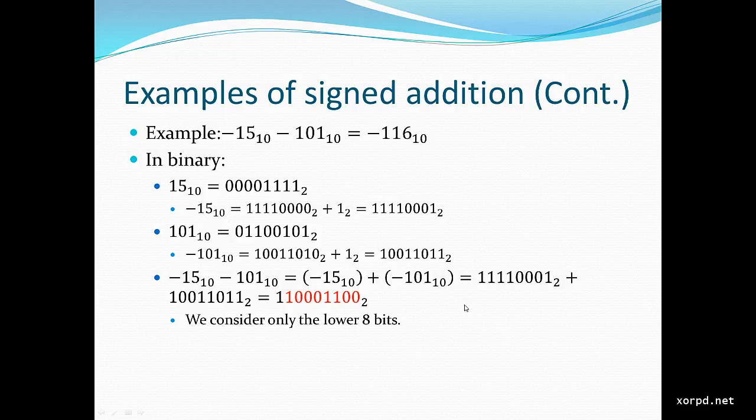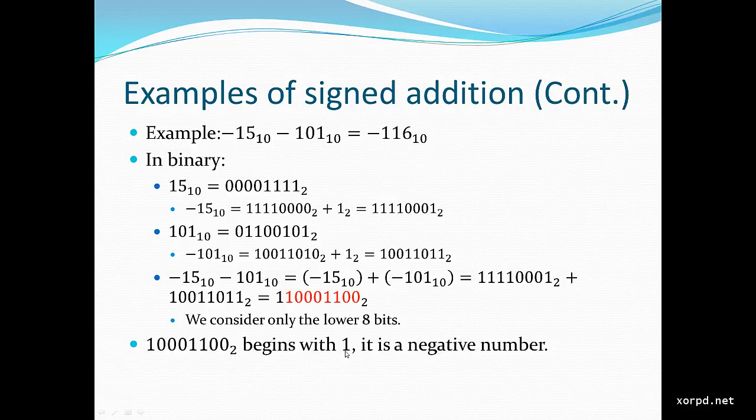As usual, we consider only the lower 8 bits because we decided to live in the world of only 8 bits. We can see that the resulting number, which is this number, begins with 1, which means that it is a negative number.